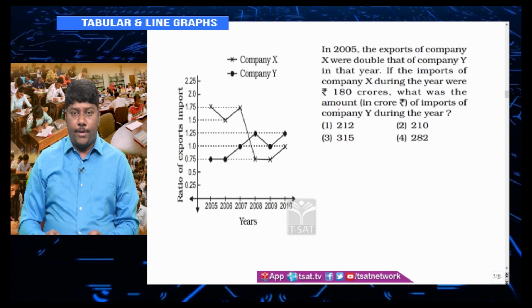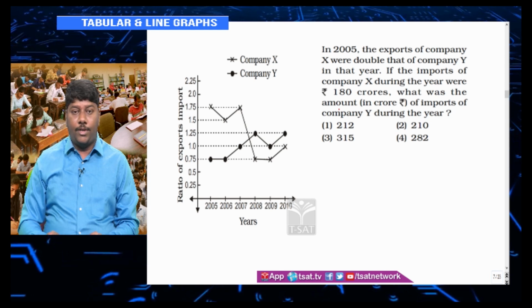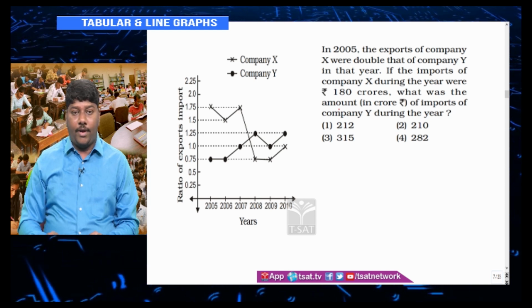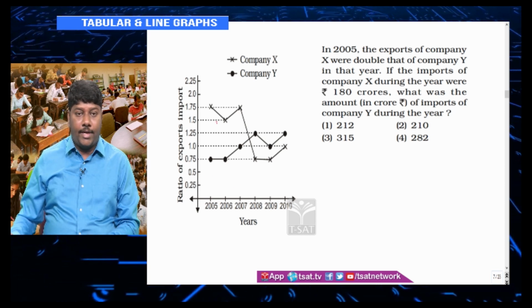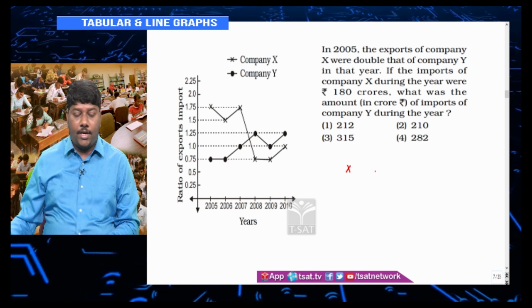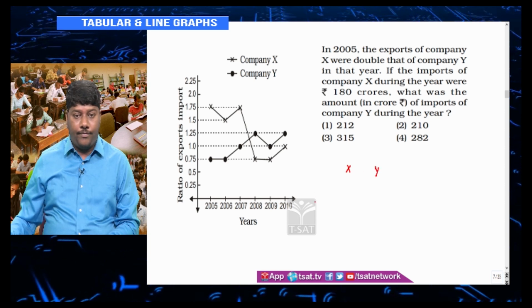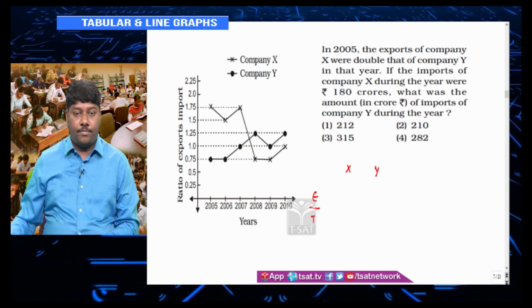Look at the next question in this. In 2005, the exports of the company X were double that of company Y in that year. In 2005, look at X and Y. I would write exports by imports.